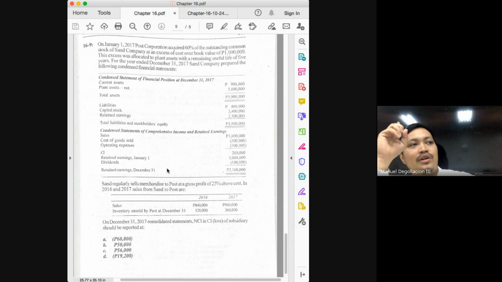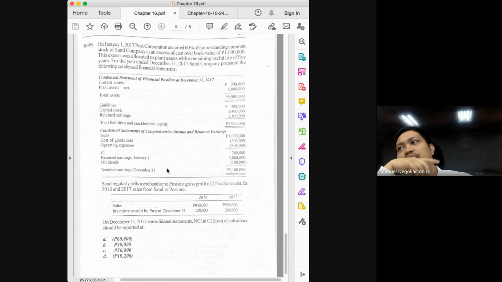The first adjustment would be the markup on the beginning, and the second adjustment would be the markup on the ending. The markup on beginning would be a positive adjustment, meaning it will be added to the income, while the markup on the ending would be a negative adjustment, which would be deducted from the income.